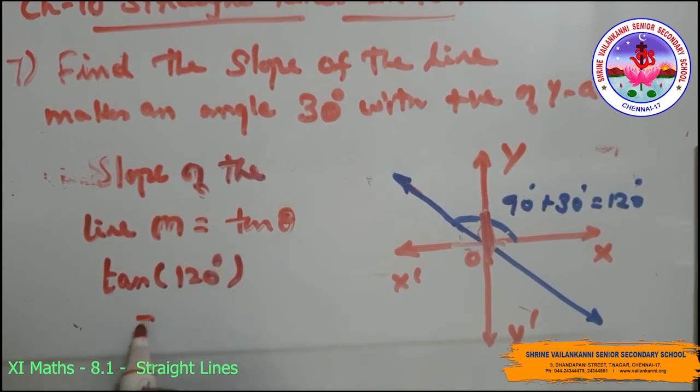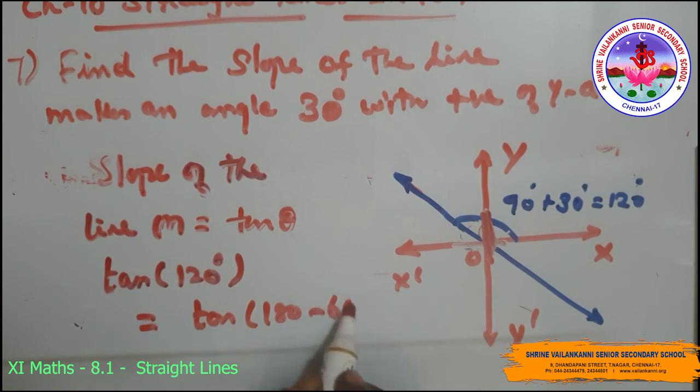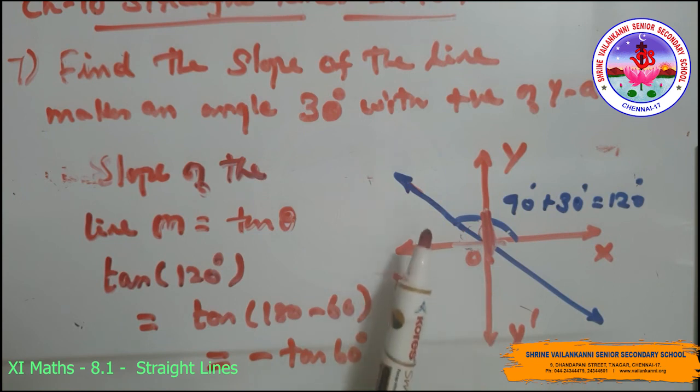You can write tan 120 degrees as tan of (180 - 60), which is equal to minus tan 60 degrees. Tan (180 - 60) lies in the second quadrant, in which sine and cosecant are positive, other trigonometric ratios are negative, so it is minus tan 60 degrees, which is equal to -√3.